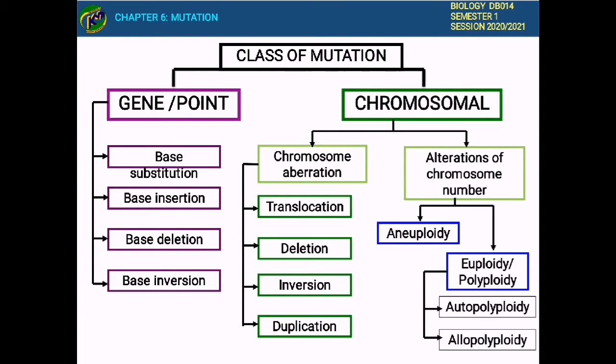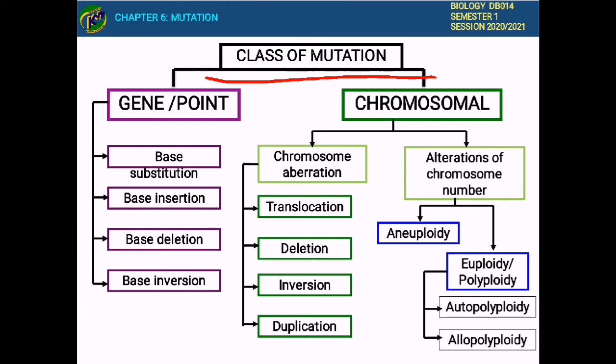Okay, so next, for the classes of mutation, just now we have discussed types of mutation, which consist of spontaneous and induced mutation. But for this one, this is the class of mutation.